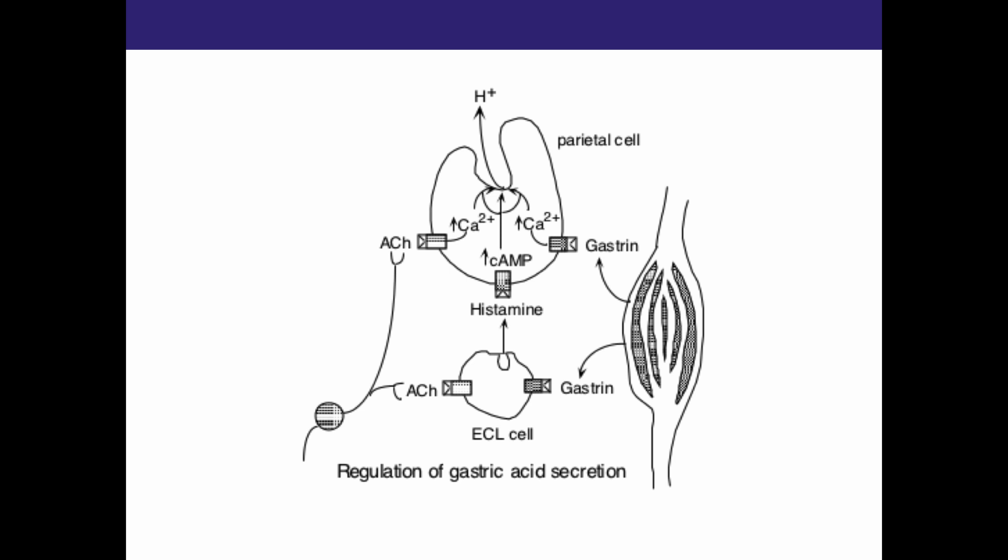Okay? So again, I'll say that one more time. With potentiation, when all three are on board, the amount of acid secretion is greater than the sum of the acid produced by each of these individual molecules.